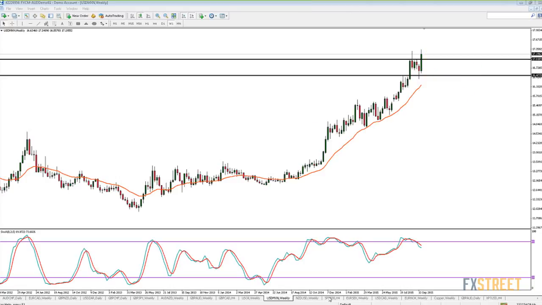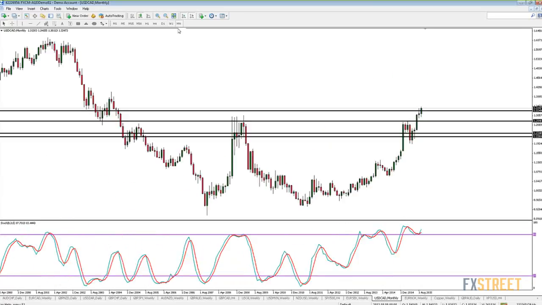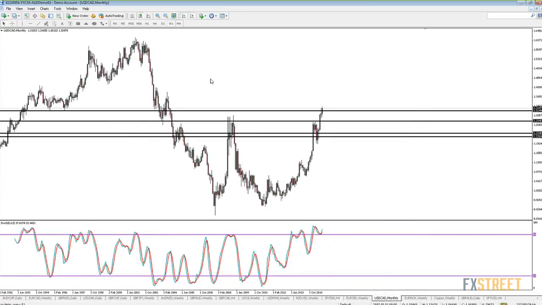All right, the CAD to the same extent. Where is the CAD? You know, it just looks short. Once again, I just watch for correlation on the oil.